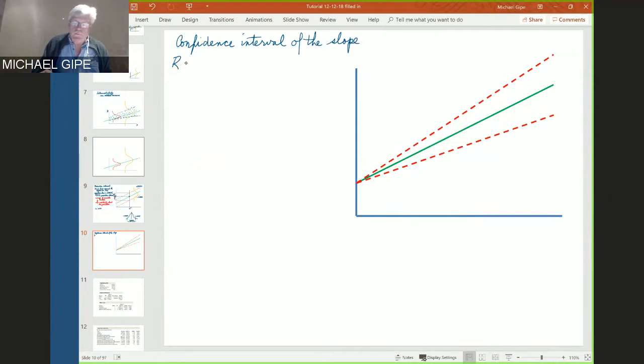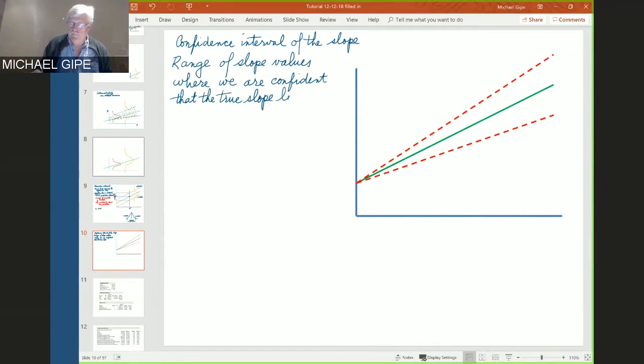Basically, the confidence interval is the range of slope values where we're confident to some level, confidence level, that the true slope lies. And the idea, of course, is it's going to be plus or minus 2 standard errors of the coefficient.